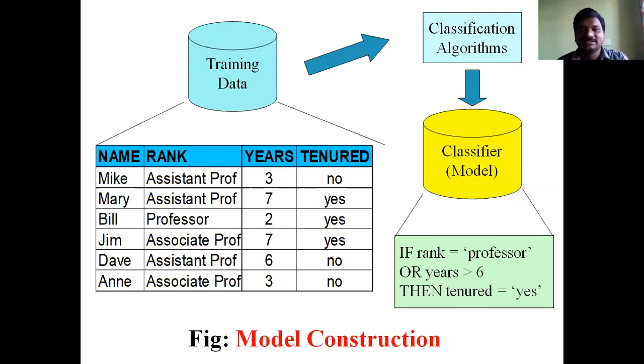That is simple information about the learning phase. The algorithm learns some information, which is why it is called the learning phase, and that is model construction.